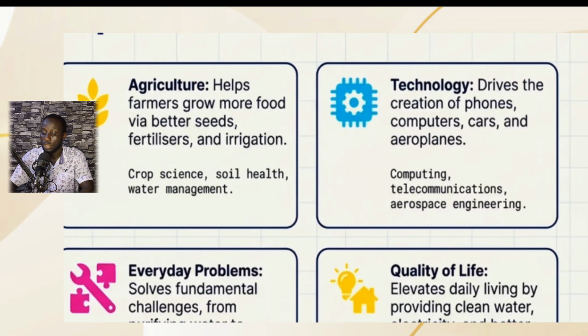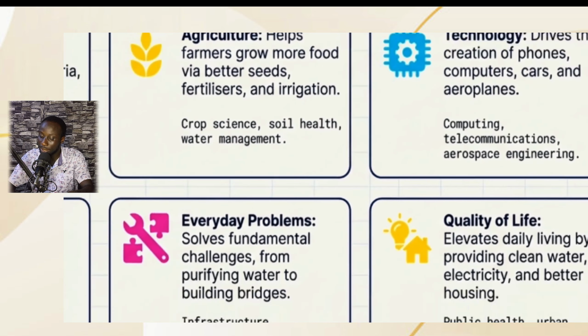We also have technology, including the tablet I'm using here. It drives the creation of phones, computers, cars, and aeroplanes. Computing, telecommunication, aerospace, and engineering have all been helped by science.